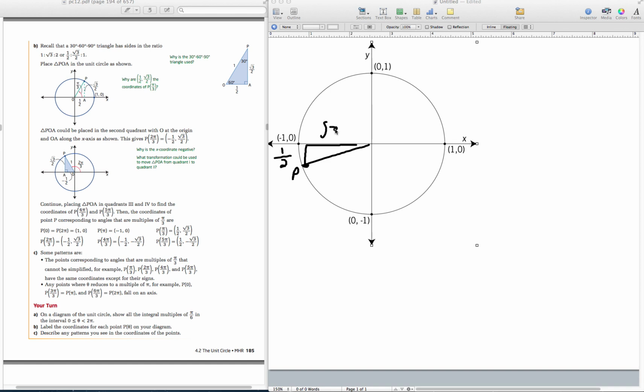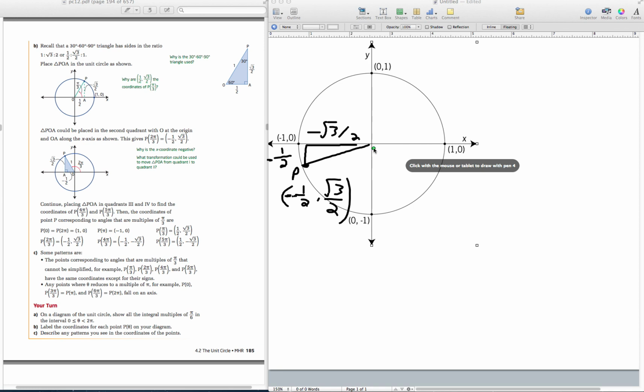This is still going to be root 3 over 2. This is still in the negative x direction, so that's negative. I'm now in the negative y direction, so this is a negative as well. So for this P, the coordinate is negative root 3 over 2, comma, negative 1/2. So that's the situation I'm dealing with.